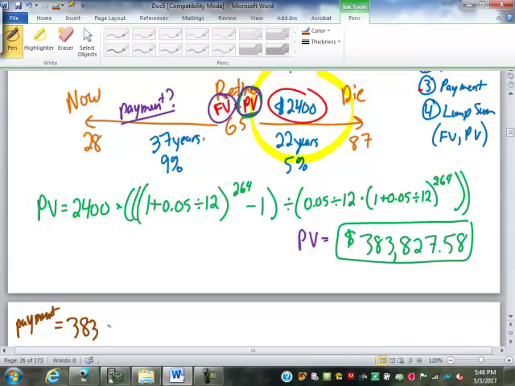So 383,827.58 divided by, tell me what to do. Not everybody at once, plenty of time for everyone to participate. Okay, there we go, 3 parentheses, 0.09 now, yep, divided by 12, because it's monthly.